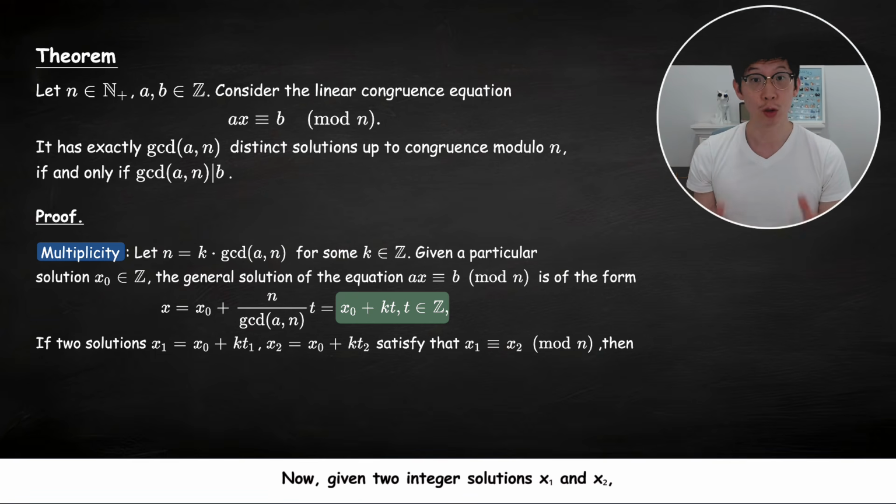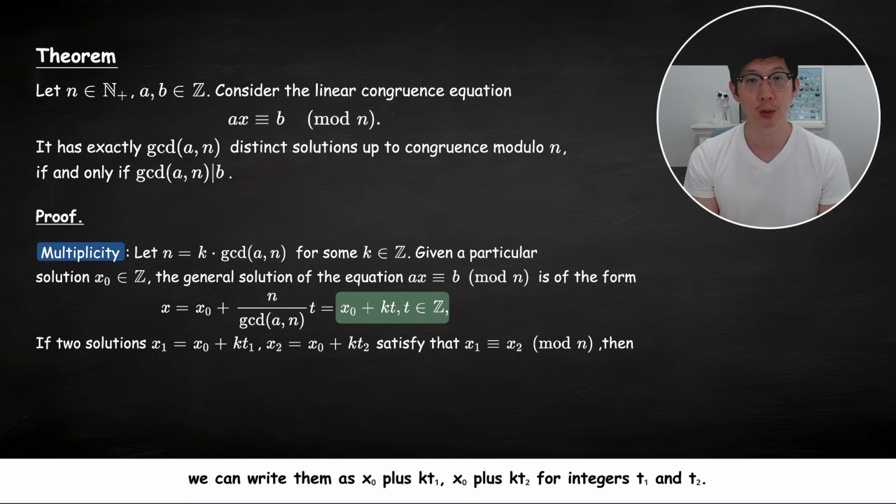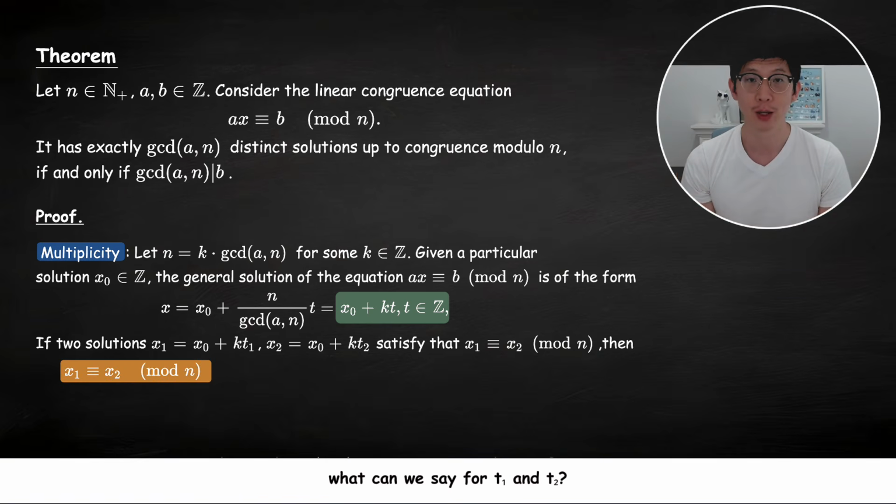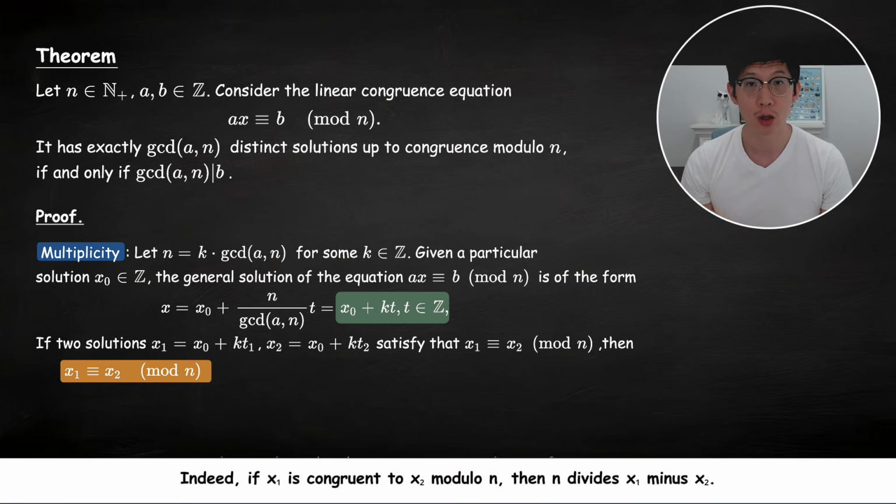Now, given two integer solutions, x1 and x2, we can write them as x0 + kt1 and x0 + kt2 for integers t1 and t2. The question is, if x1 is congruent to x2 modulo n, what can we say about t1 and t2? Indeed, if x1 ≡ x2 modulo n, then n divides x1 − x2.